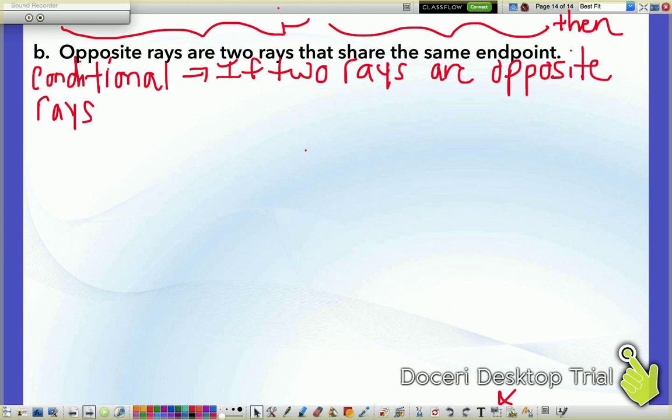If 2 rays are opposite rays, then they share the same endpoint.